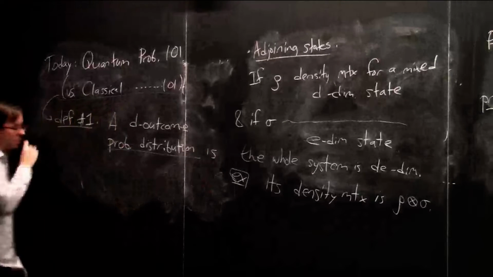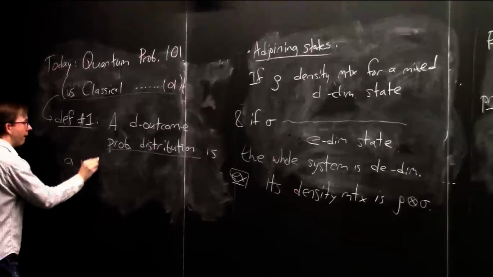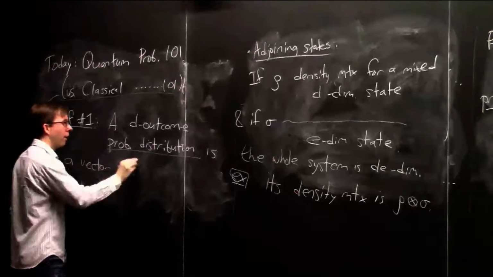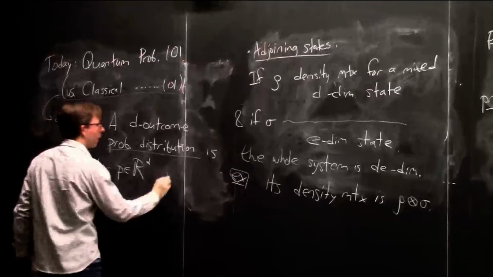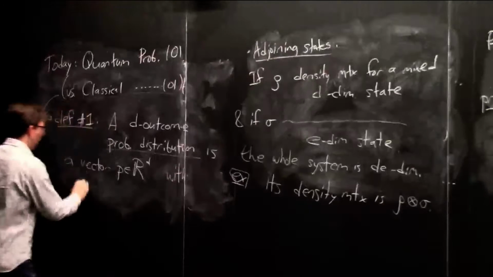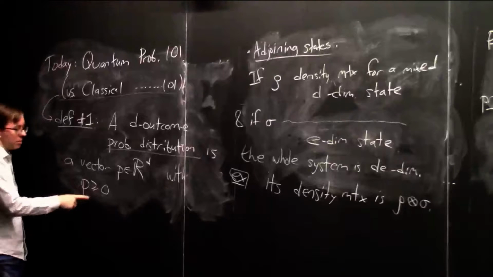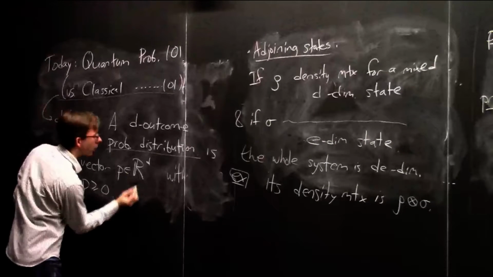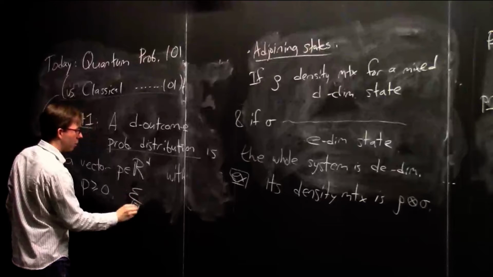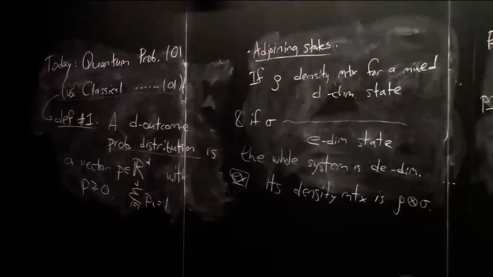It's basically a bunch of numbers that add up to 1. Let's write it like this: a vector P of length D with two properties. P greater than or equal to 0. Here I mean element-wise, so all the entries are bigger than or equal to 0. And the sum of the P's is 1. Okay? It just says this forms a probability distribution.